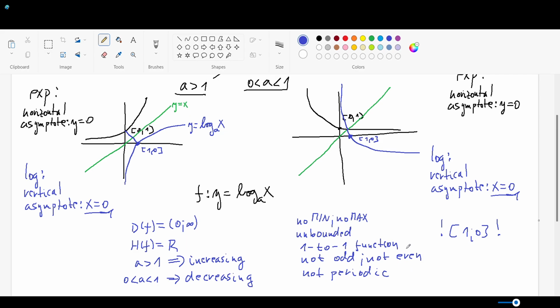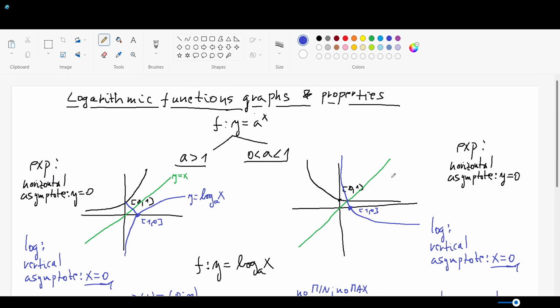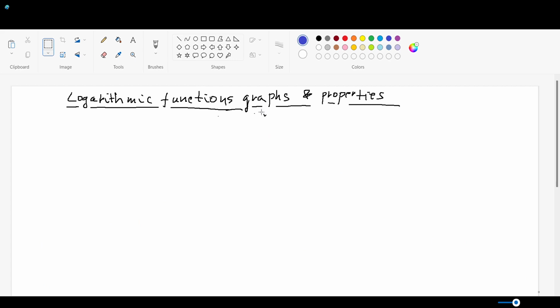So the most important information from this video is to be able to sketch the graph of the logarithmic function based on the value of the base.